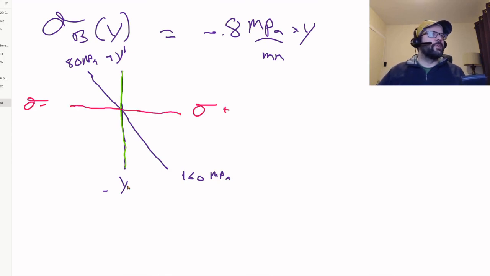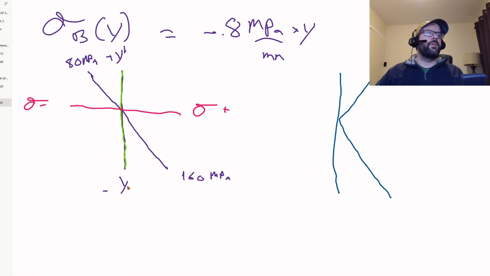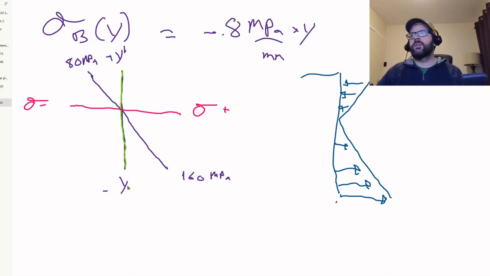Another way that people sometimes draw this would be something like this, where they indicate with arrows whether it's a compressive stress on the top or a tensile stress on the bottom. So basically, if you cut the face out, whether we're pressing into that face at the section cut, or pulling away from that.